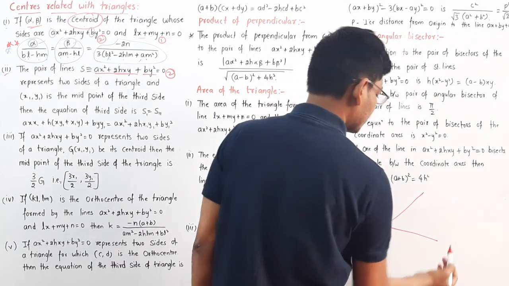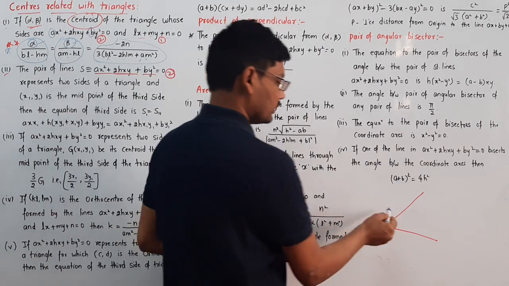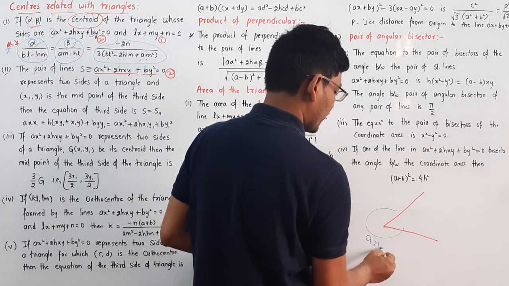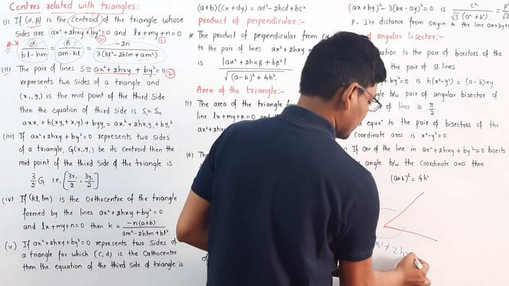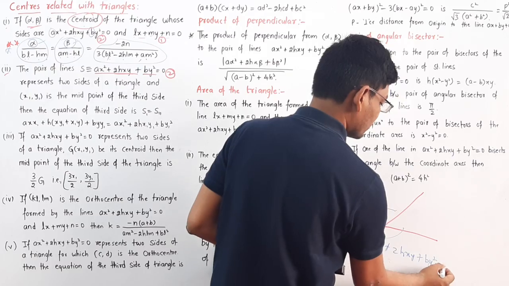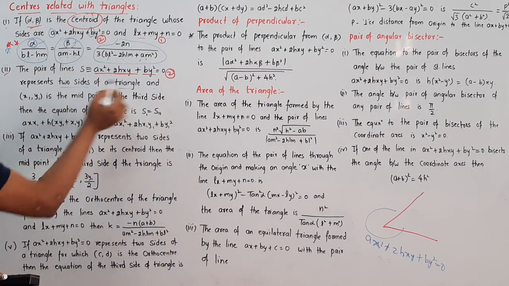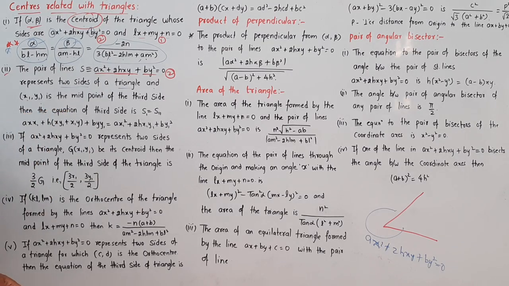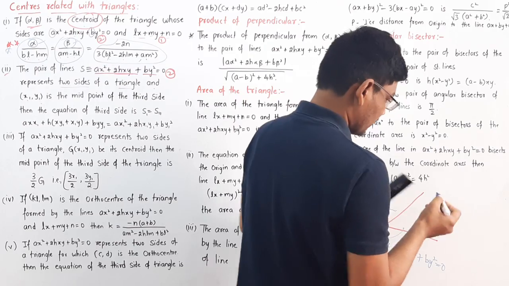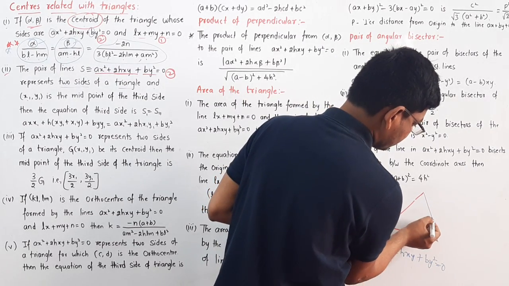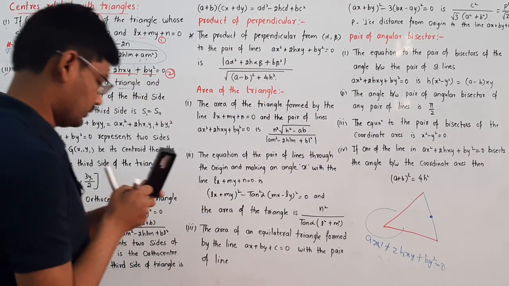This is a triangle, and this is the pair of straight lines equation, ax square plus 2hxy plus by square is equal to 0. These two lines represent two sides of a triangle, and x1 y1 is the midpoint of the third side. This is the midpoint here.